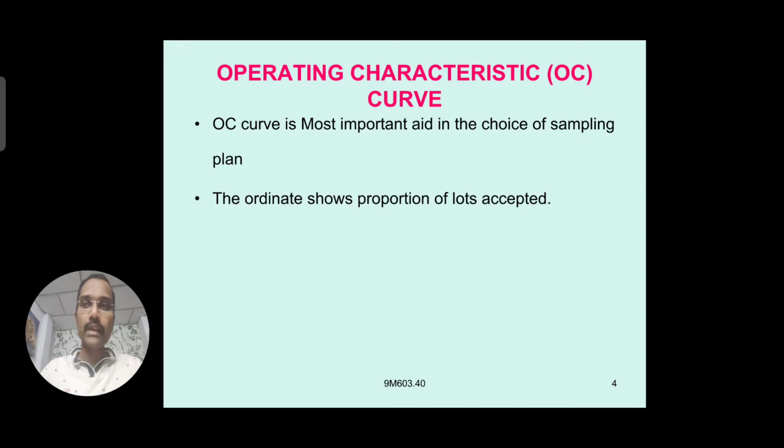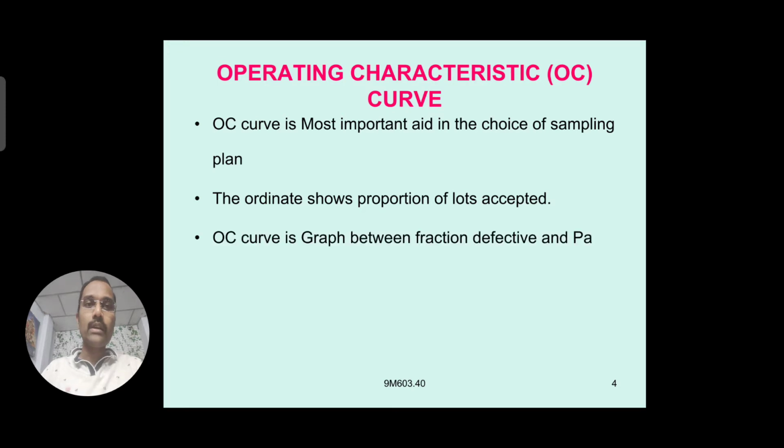This is the main use of the operating characteristic curve: how much rejection of lots is taking place and what the acceptance of the lots is, so the proportions of lots accepted can be decided or graphically presented with the help of this OC curve.